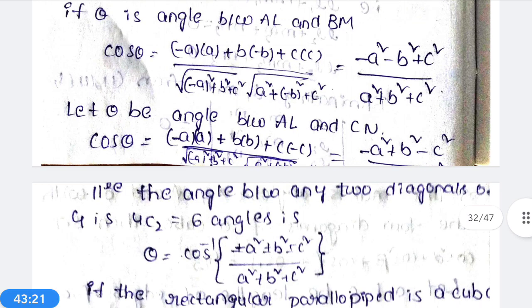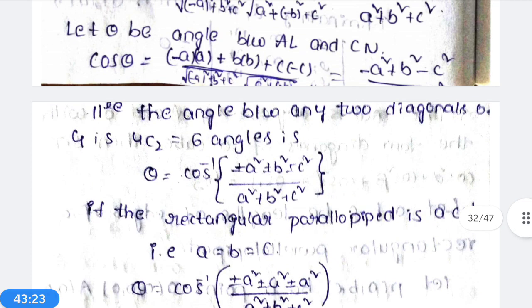Let theta be the angle between AL and CN. Then cos theta is equal to minus a into a plus b into b plus c into minus c, by square root of minus a square plus b square plus c square into square root of a square plus b square plus minus c whole square, which is equal to minus a square plus b square minus c square by a square plus b square plus c square.